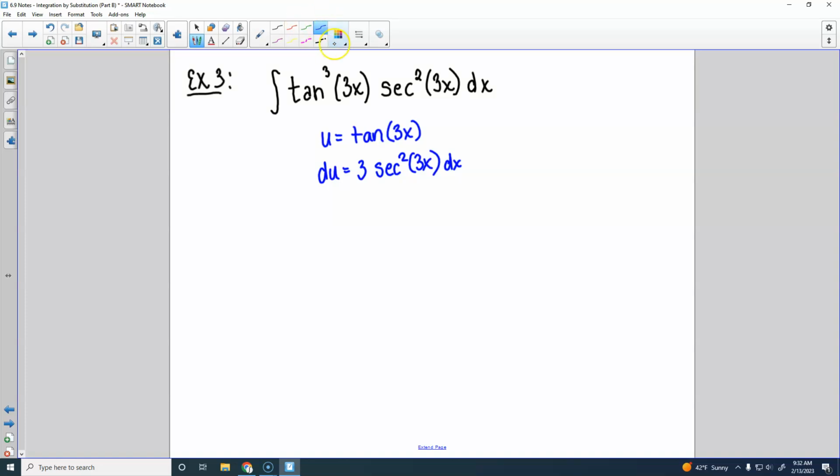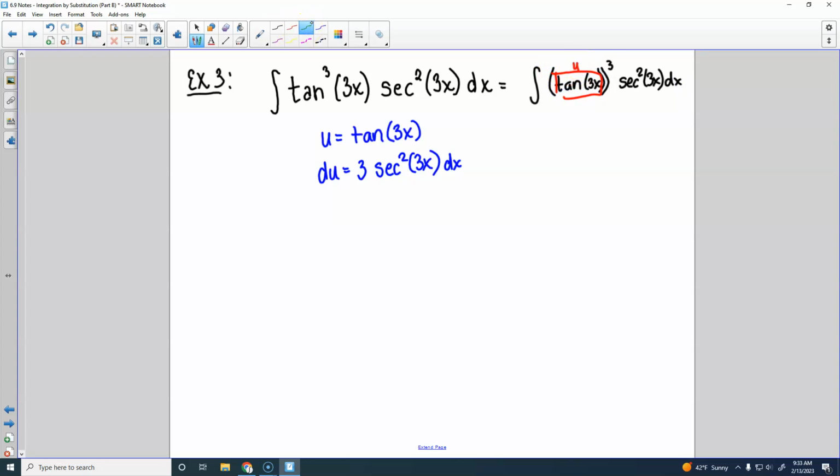So what I have done here, actually I'm going to write it this way. It's also important to remember that when I see tangent cubed 3x, what it means is I've got tangent of 3x cubed, and then secant squared 3x dx. So this part right here, this tangent 3x, is my u.